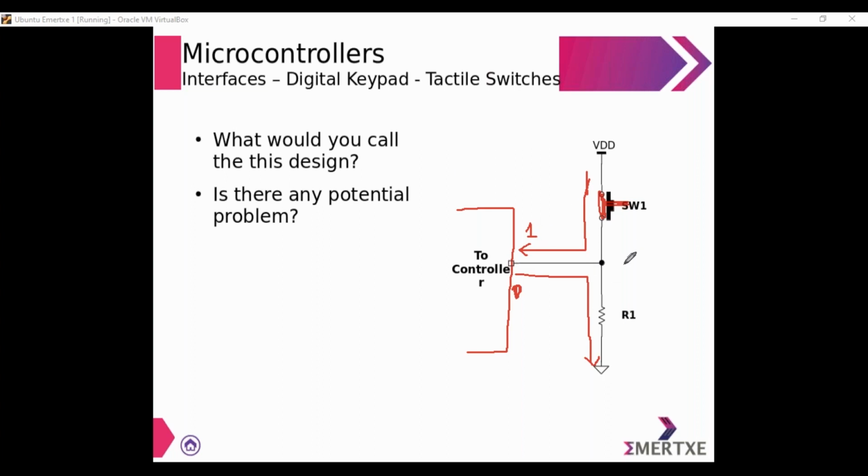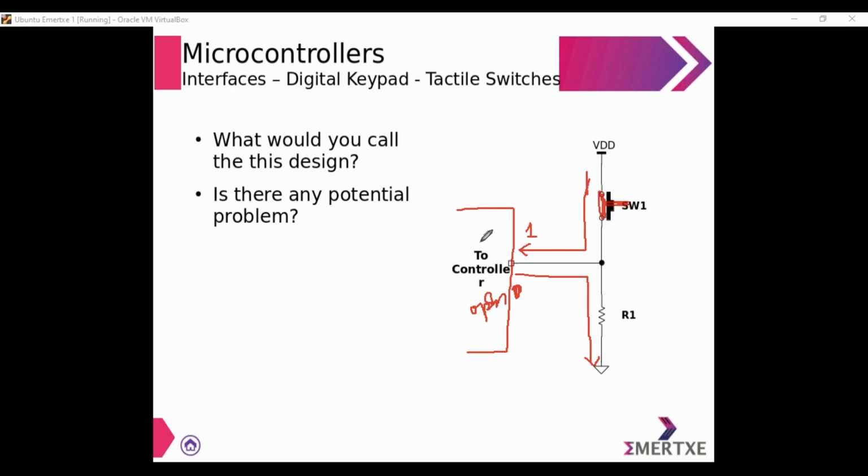I'm repeating again. The first state I took was if the switch has been open. When the switch is open, current from the microcontroller is flowing to the ground and you will be able to read a 0. If the switch has been closed, current should find its easiest path to reach the ground.